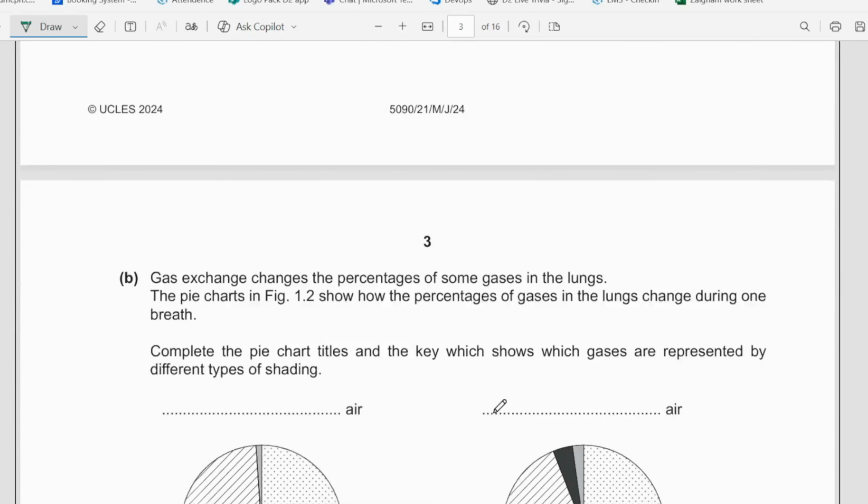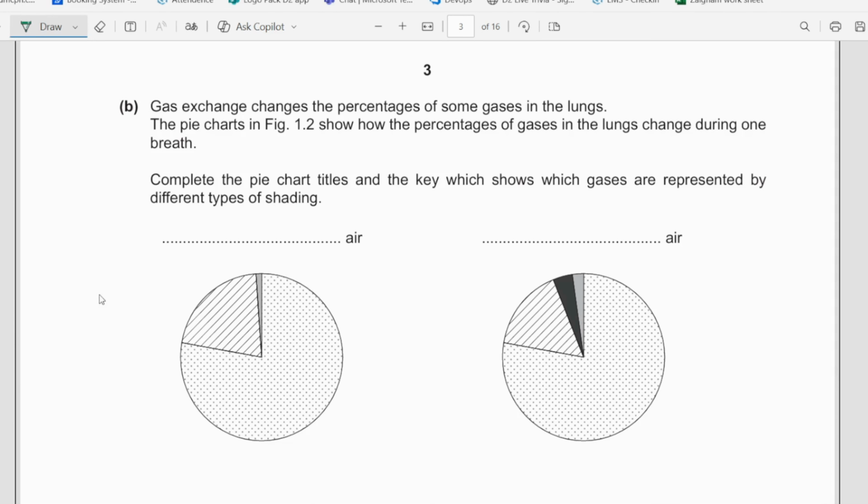The next question. Gas exchange changes the percentage of some gases in the lungs. We know this very well. Let's complete the chart. What is this here and what is this here?